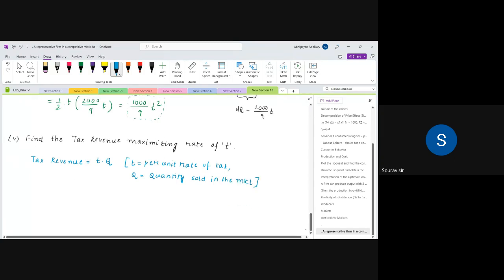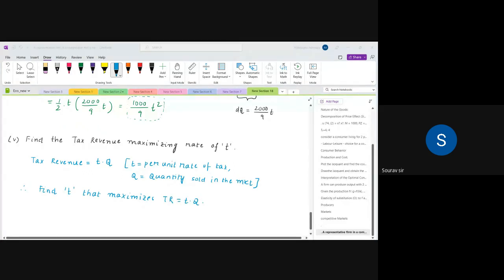Correct? So that means we want to find small t that maximizes tax revenue, which is T times Q. Now, by typically looking at the expression, it seems like higher the rate of tax, more will be the tax revenue for the government. Do all of you agree with this?